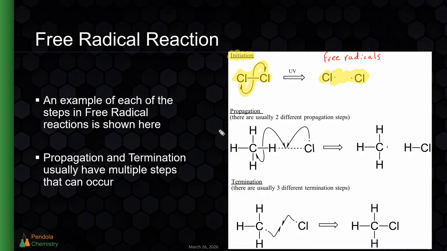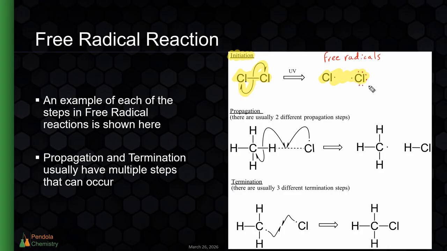So what happens? In the propagation step, those free radicals that are created have an odd number of valence electrons, or they have unpaired valence electrons, and so they're usually just shown with one dot to represent that unpaired valence electron. Again, we discussed this earlier in the year, but chlorine here would have 3 other pairs of electrons.